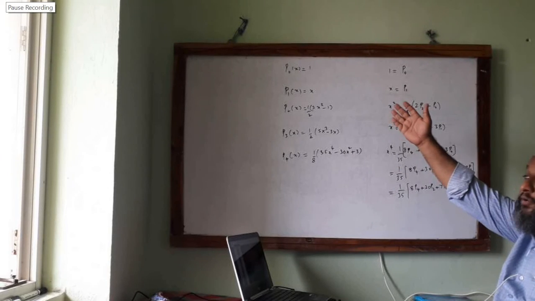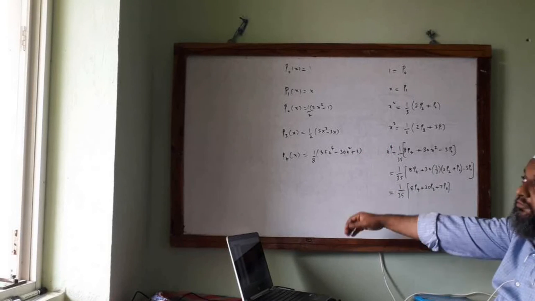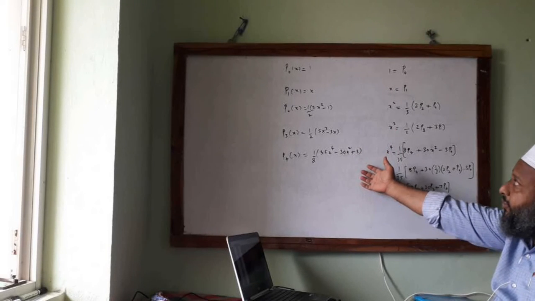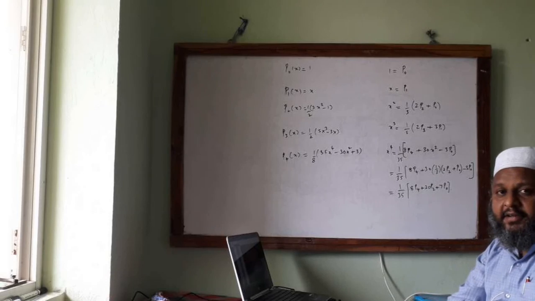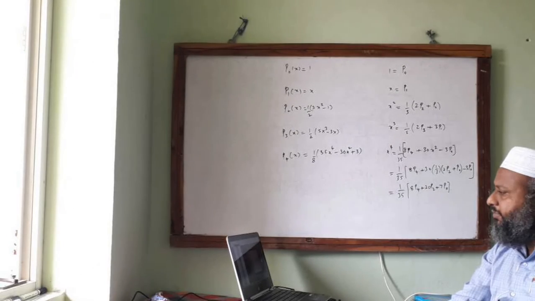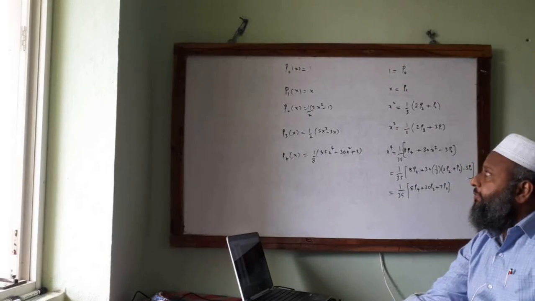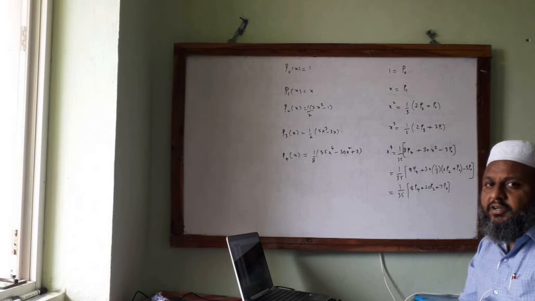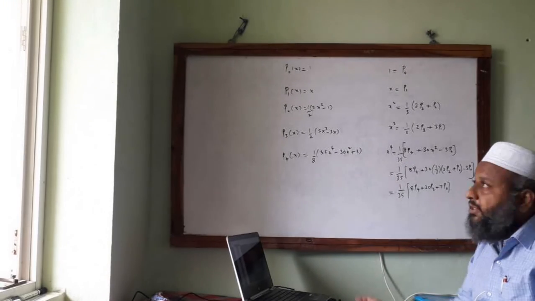Okay, now you can note down the first few Legendre polynomials, p0, p1, p2, p3 and p4. Generally they ask the problem up to p4. Means they give a polynomial of 4th degree, so we need only up to p4.